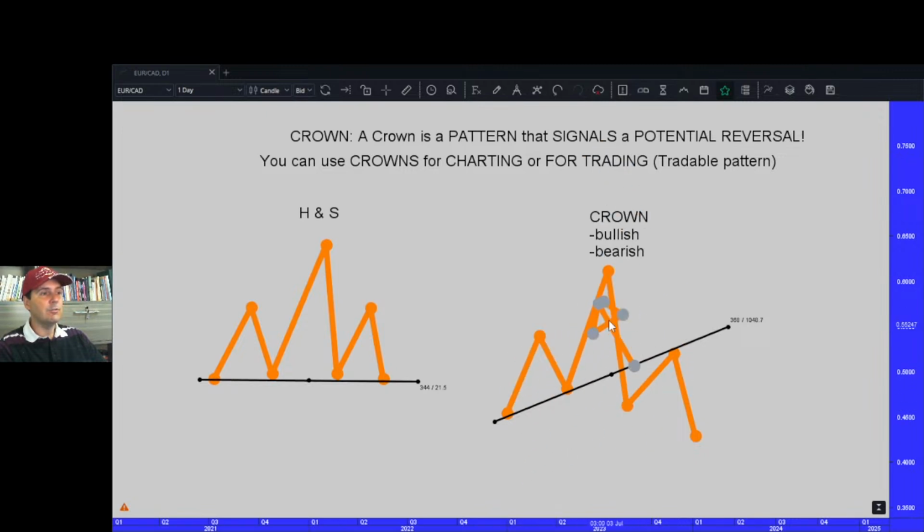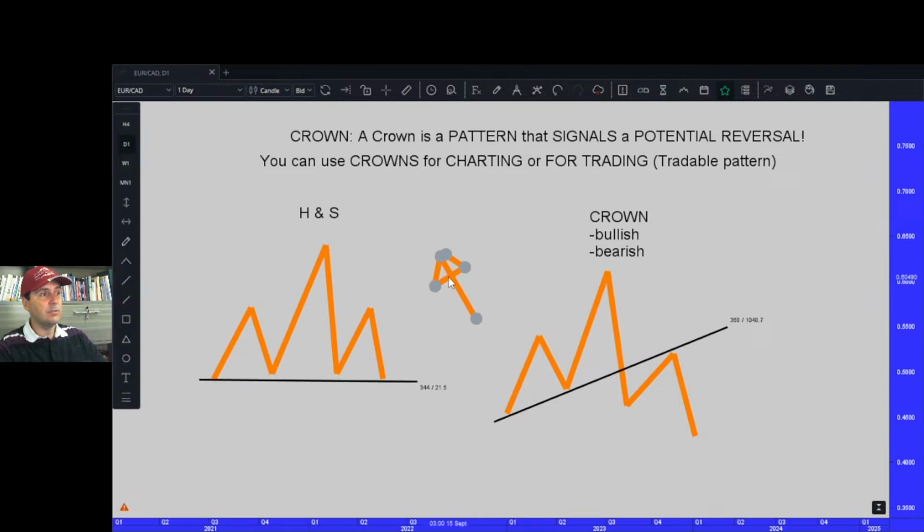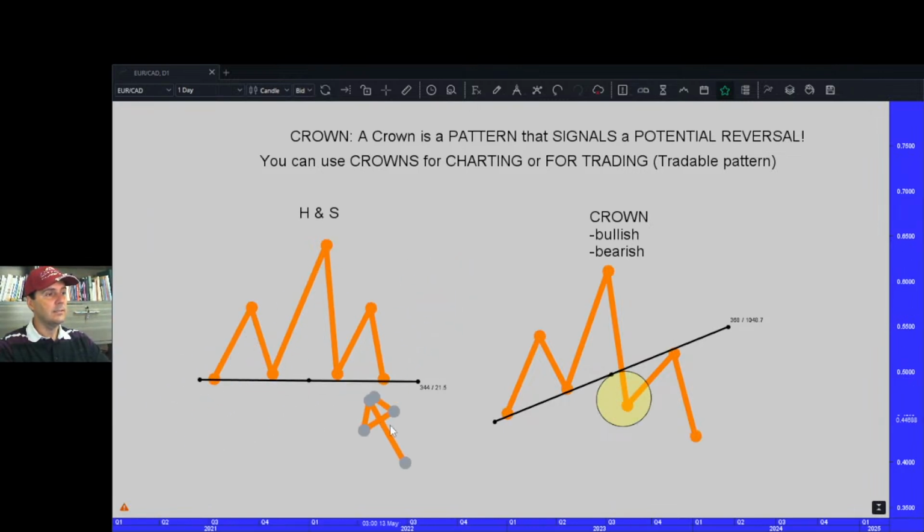It's a bearish crown because we have a lower low. We also have bullish crowns or crown reversals. Why crown? In my opinion, it's better compared to head and shoulders. The difference between the two patterns is that the crown pattern made a low. Wow, very good, Julius. Congratulations. That's the difference. Crown is an advanced pattern compared to head and shoulders, more advanced.